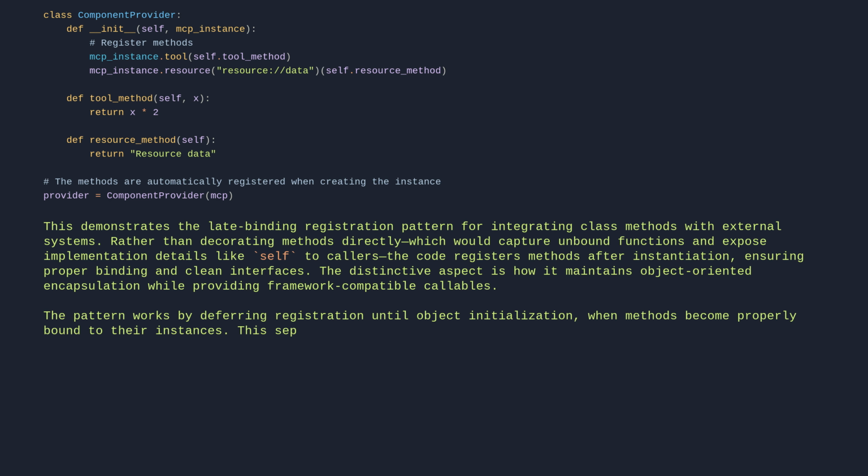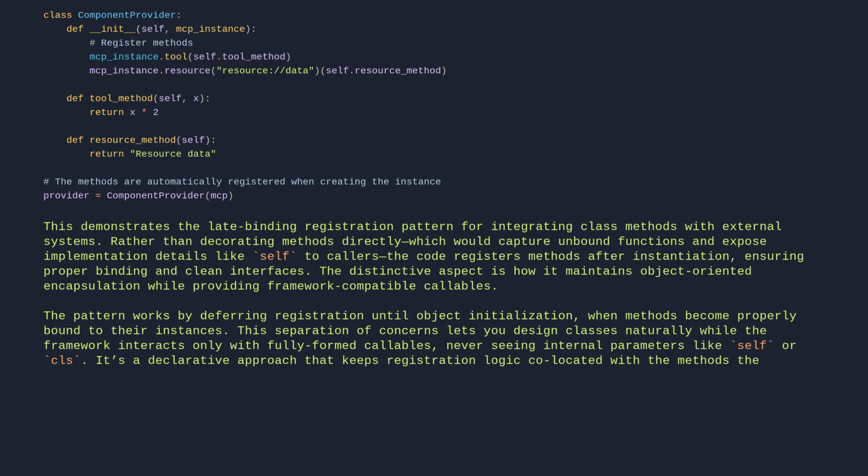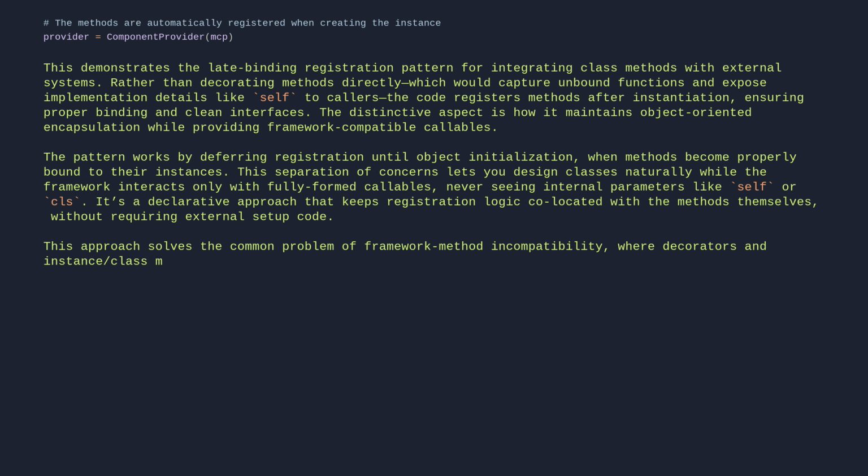This separation of concerns lets you design classes naturally while the framework interacts only with fully formed callables, never seeing internal parameters like self or cls. It's a declarative approach that keeps registration logic co-located with the methods themselves without requiring external setup code. This approach solves the common problem of framework method incompatibility, where decorators and instance class methods conflict.